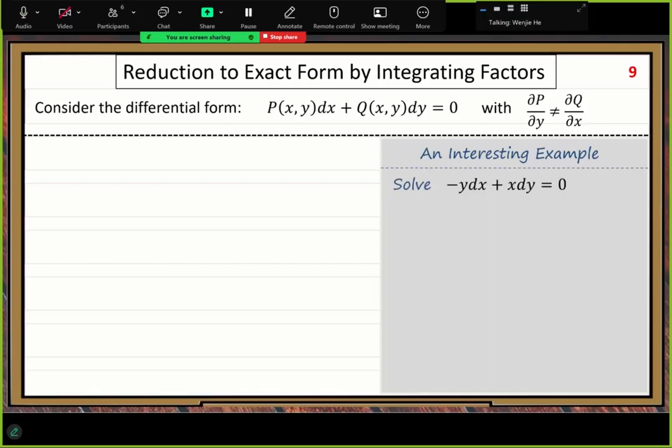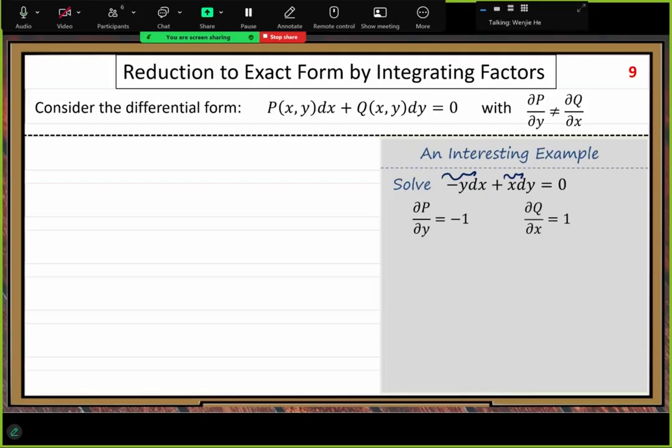Look at this differential form. So simple, right? Here we use P and Q. P is negative y, and Q is x. Now let's check the criteria. Partial P over partial y is -1.